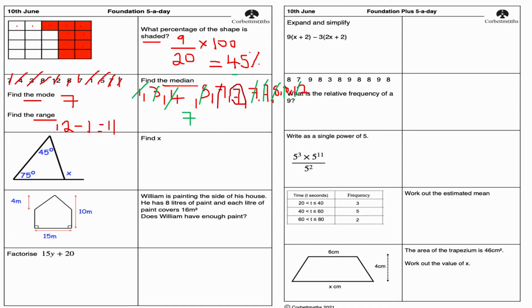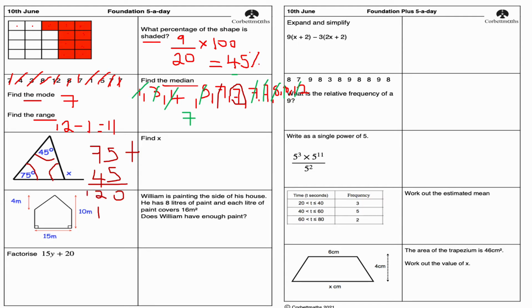Next question, guys. Find the value of x. Well, angles in a triangle add up to 180. So to work out this angle, I'll do 75 plus 45, and then I'll take it away from 180. 5 plus 5 is 10, so 0 carry the 1. 7 plus 4 is 11, plus the 1 is 12.